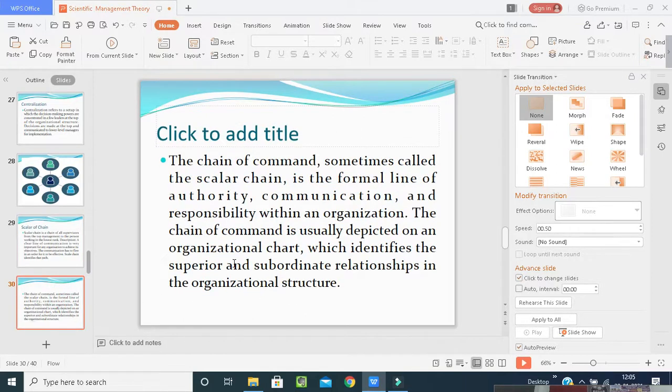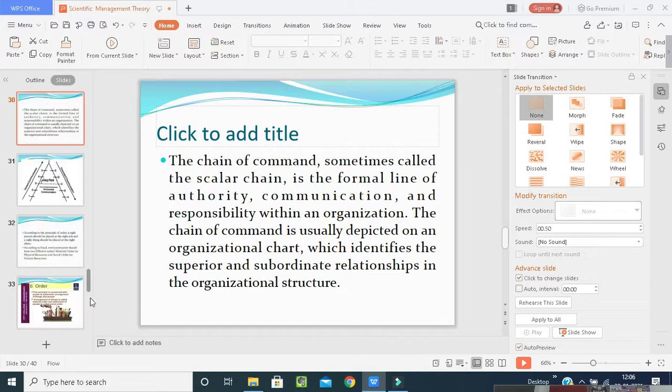The chain of command, sometimes called the scalar chain, is a formal line of authority, communication, and responsibility within an organization. The chain of command is usually depicted on an organization chart which identifies the superior and subordinate relationships in the organizational structure.